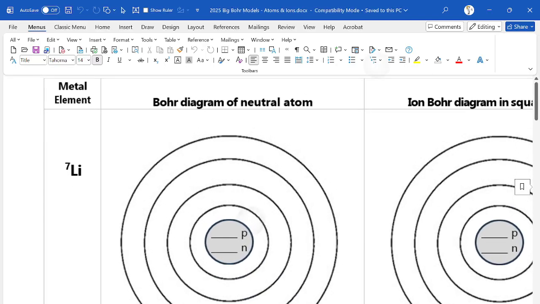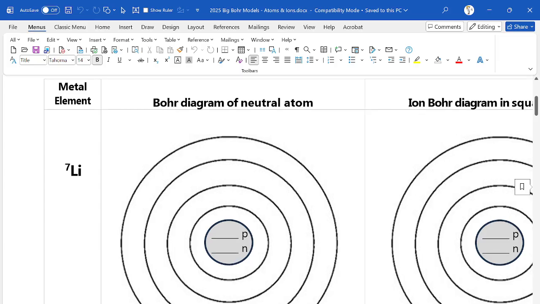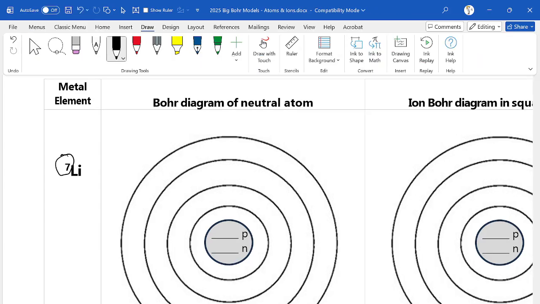You'll notice a number at the top. That's the mass number, so that's going to let you figure out the number of neutrons. You need to find lithium, find its protons, and find the number of neutrons.